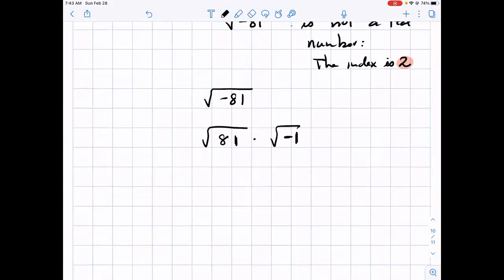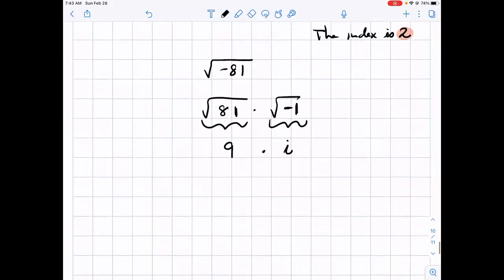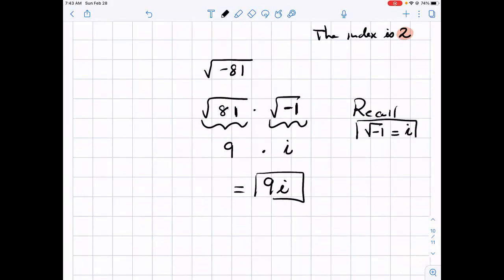This we know is 9, and this here we know is i. So the answer is 9i. Remember, the square root of negative 1 is equal to i. That's something we did before, or you should look it up if you don't recall that.